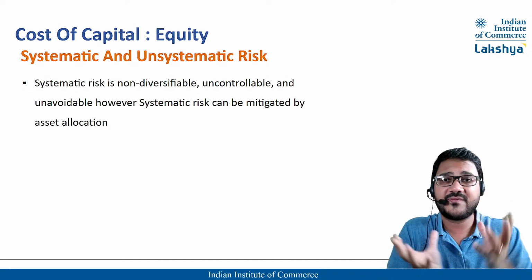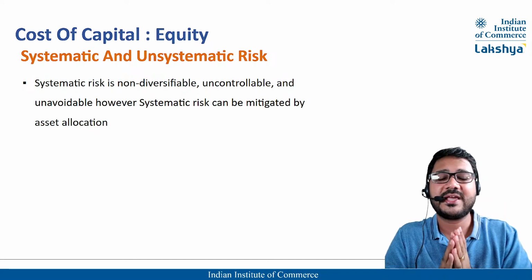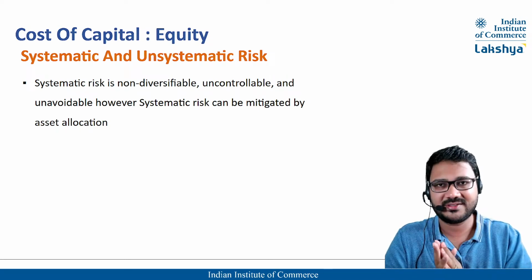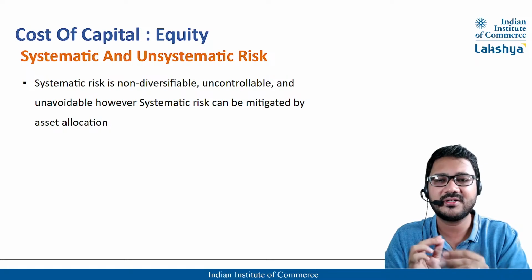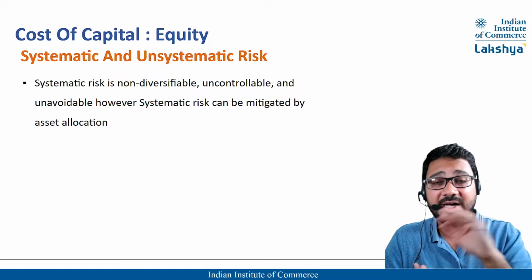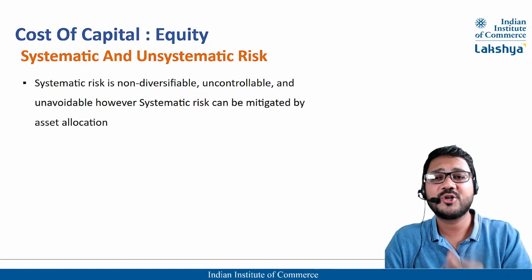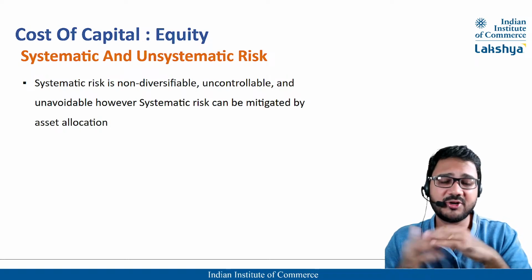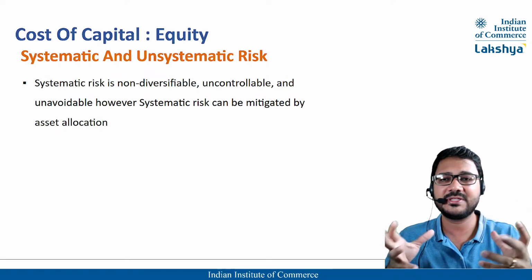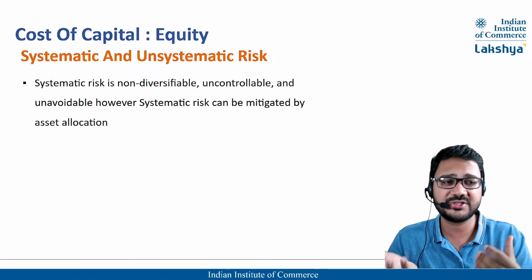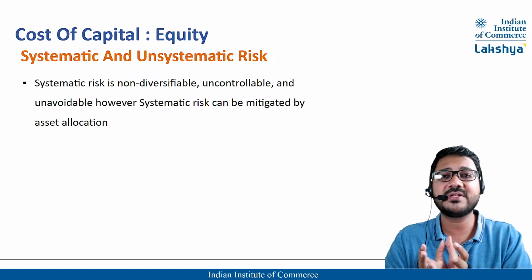When you diversify, you will take care of your unsystematic risk, which affects a single company. However, if you want to reduce systematic risk, it cannot be done that way. When something happens, say interest rates are rising, there's inflation, all of your companies will get affected.